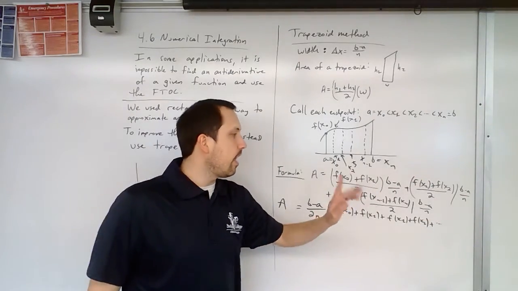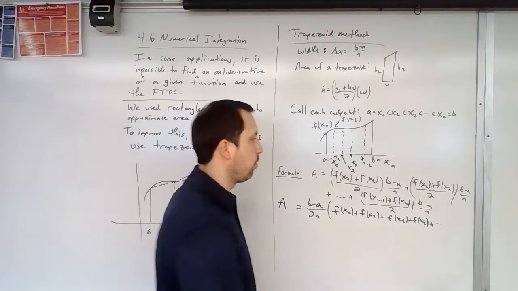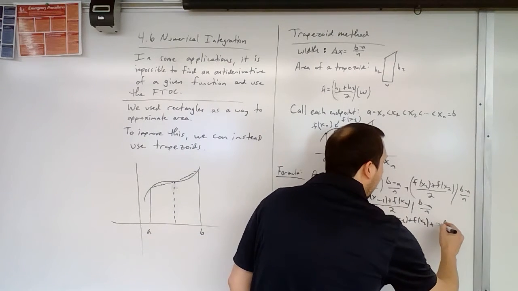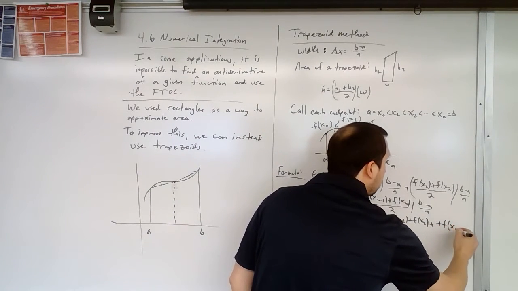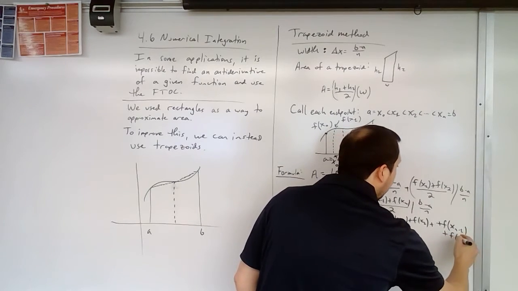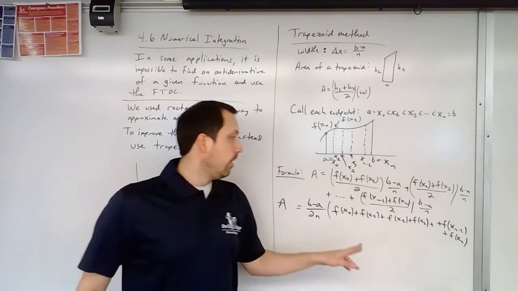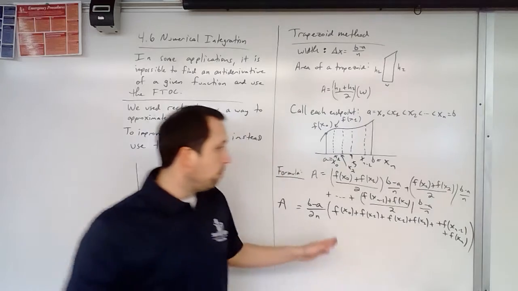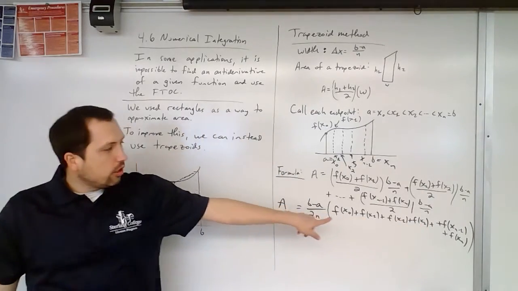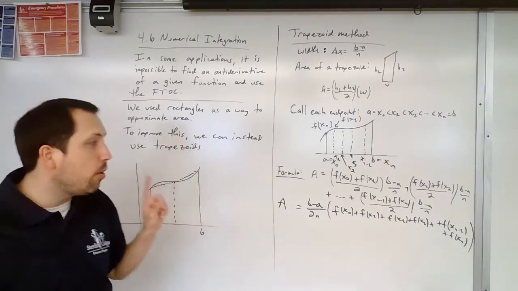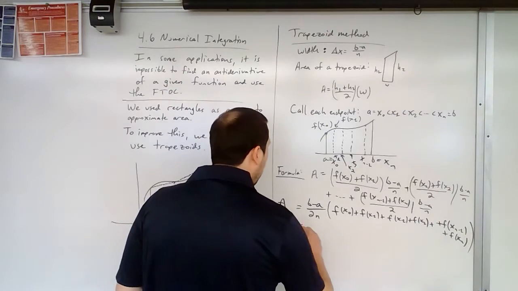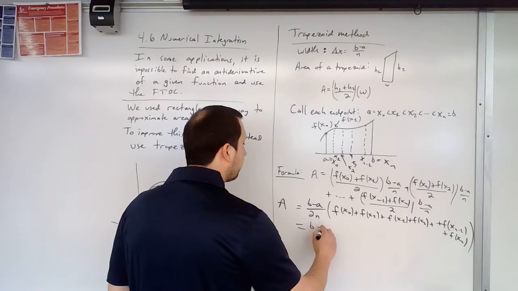And then I keep doing that all the way until I get to the very last one. That's going to have my f of x sub n minus 1 plus f of x sub n. So I'm adding on all of these function values, but notice some of them appear more often than others.